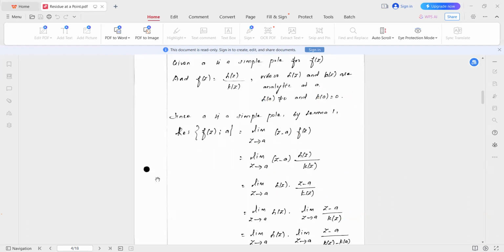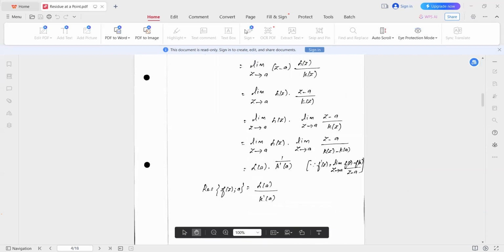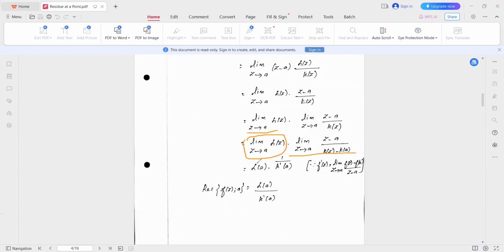So now, limit z tends to a of h of z, and limit z tends to a of z minus a by k of z minus k of a. Since h of z is analytic, limit z tends to a of h of z becomes h of a.